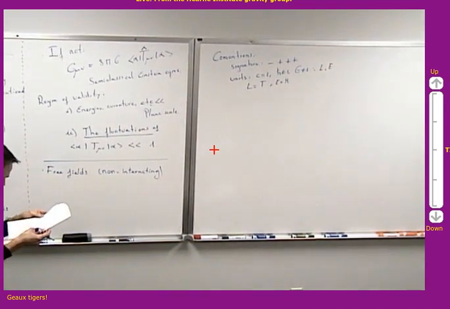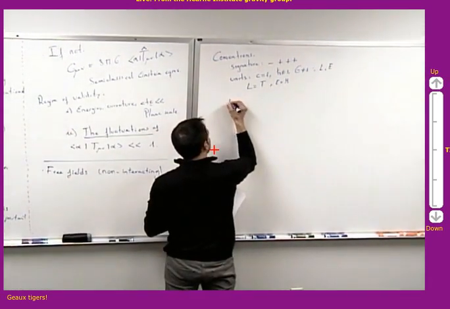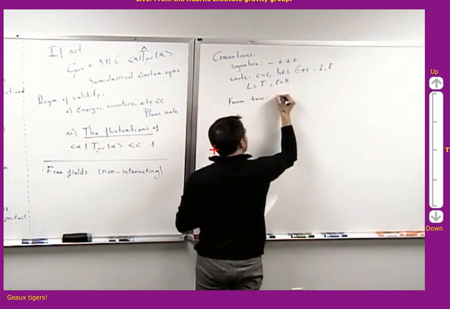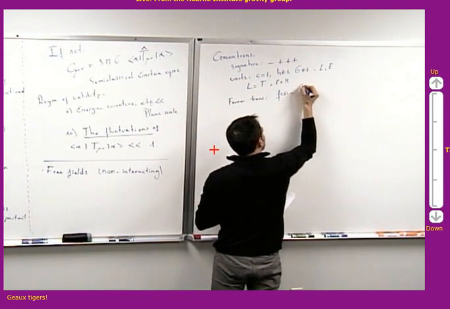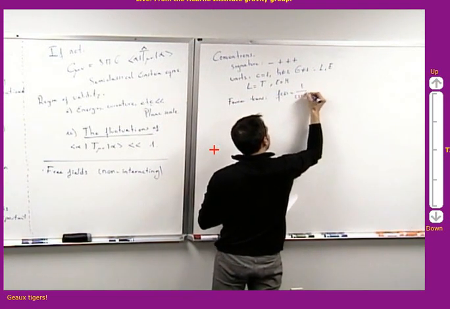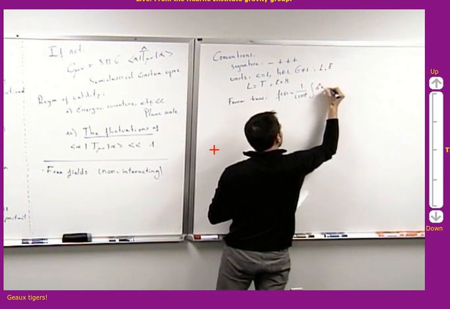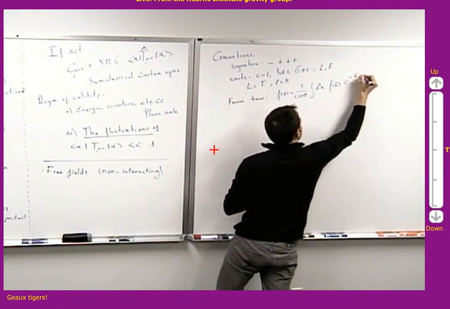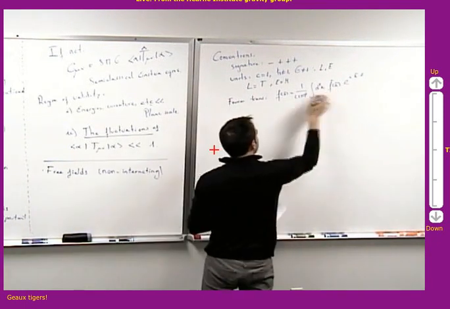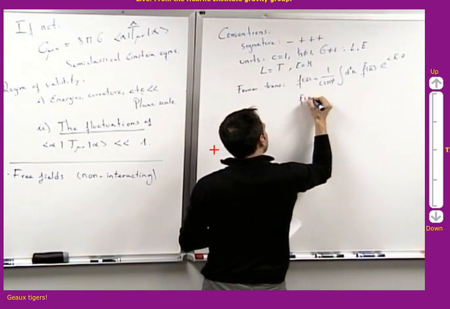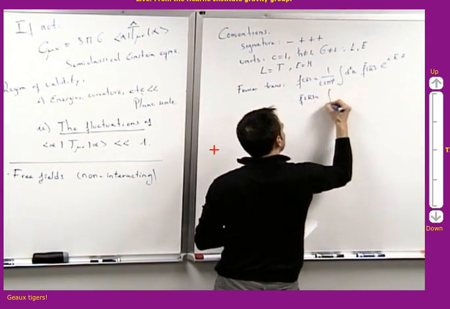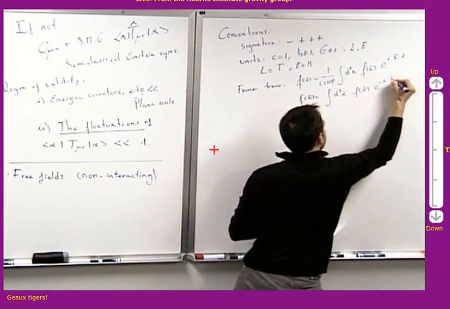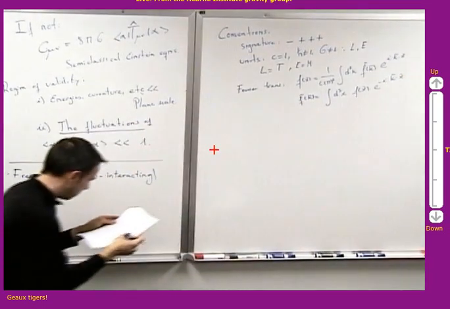What else? Fourier transforms. So regarding Fourier transforms, my convention is that, for a function of x, I will put the 2 pi in going from k to x, and in going from x to k, I will not have 2 pi.